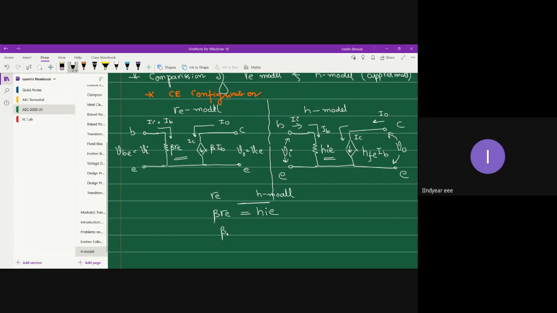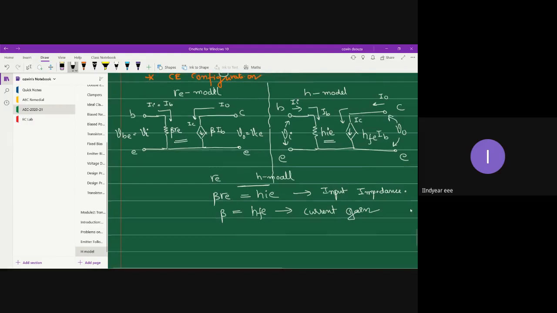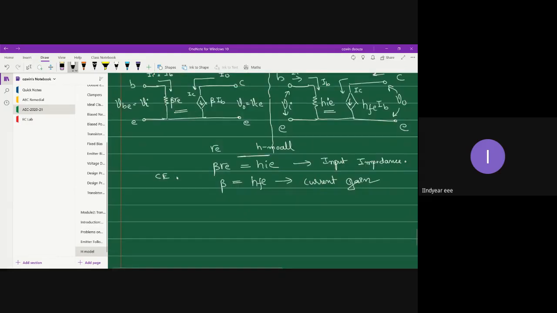But beta or hfe, they both represent current gain. Similarly, whether beta re or hie, they both represent input impedance. So this is for CE configuration.